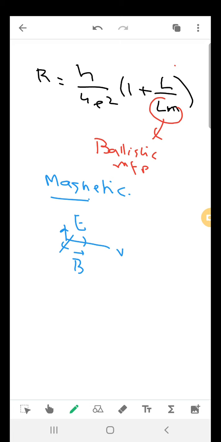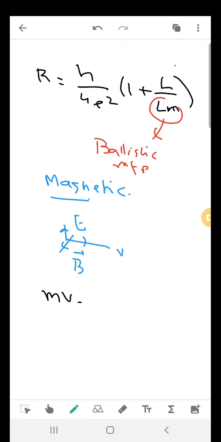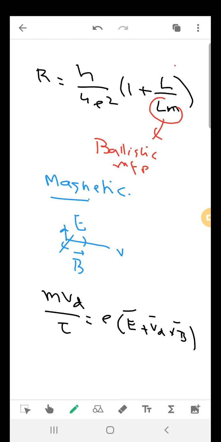So a Hall effect will be generated, and then we can write the equation based upon this Hall effect as m Vd by tau is equal to e times E plus Vd cross B, the fourth equation.